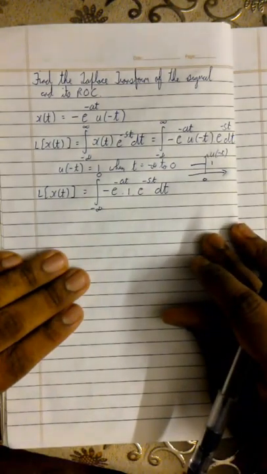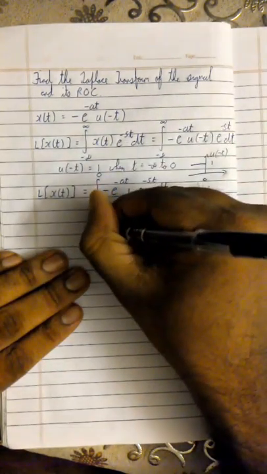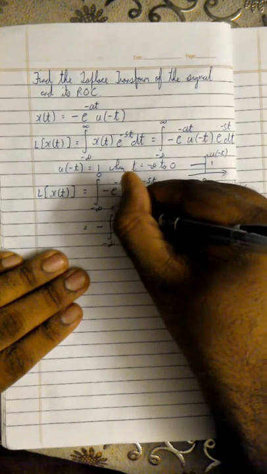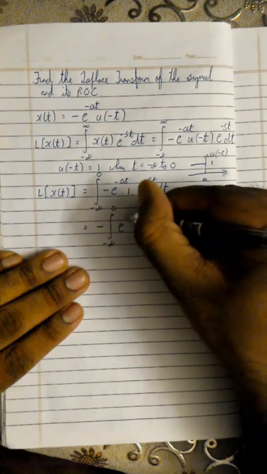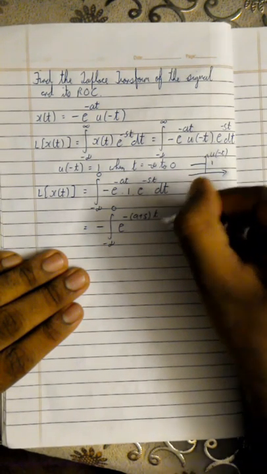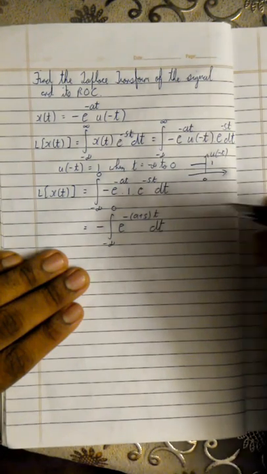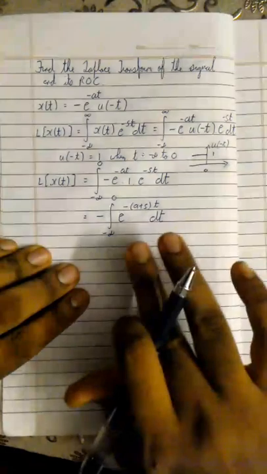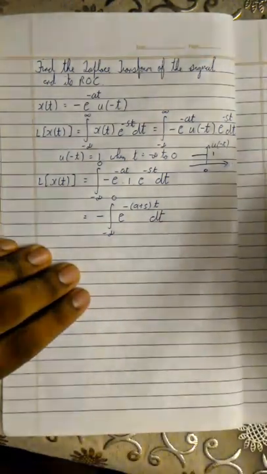Okay, this is also equal to minus of integral minus infinity to 0. Now I'm going to combine these two exponential functions. I get e raised to minus a plus s t dt. Okay, this is what I'm going to get. So now I'm going to stop my problem and I'm going to find my ROC.